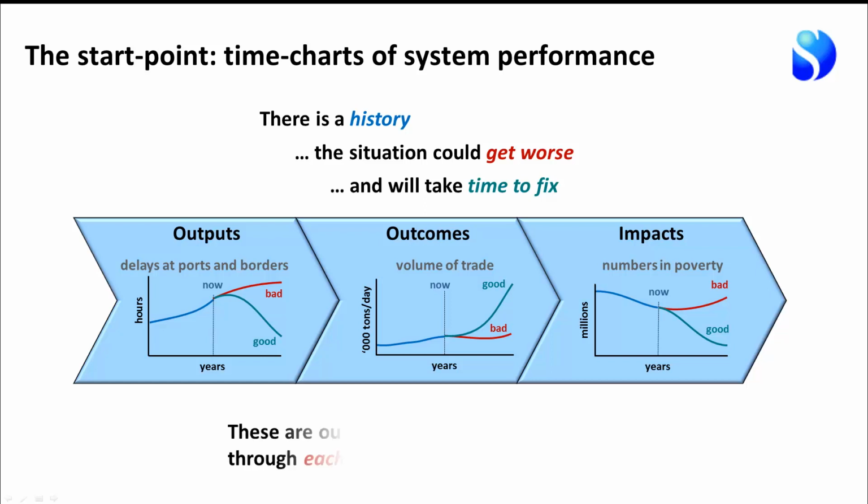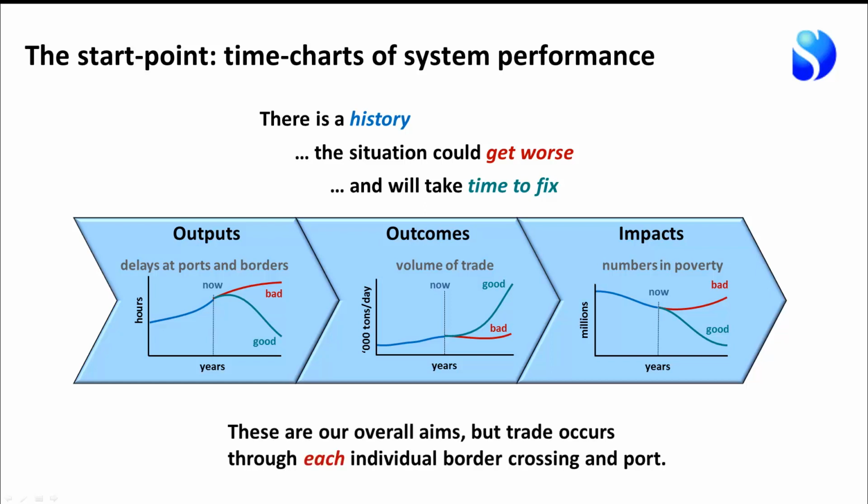These are our overall aims, but this is a complicated system. We've got to find a way of cracking this complexity, and a way to do this is to recognize that whilst we are trying to deal with trade as a whole, trading activity actually occurs through each individual border crossing and port.